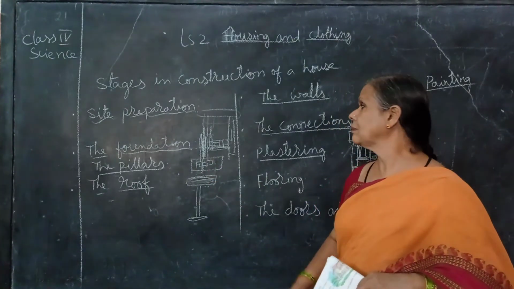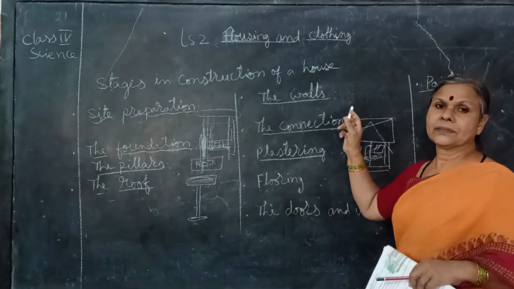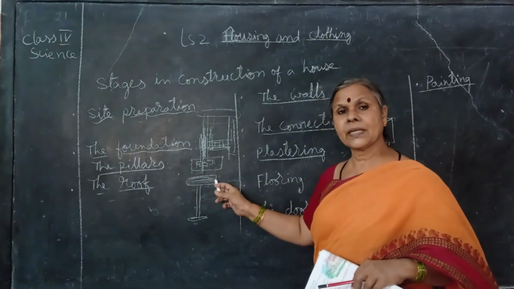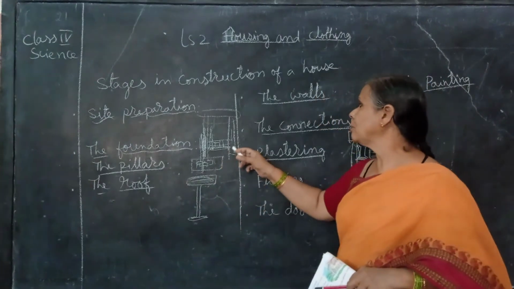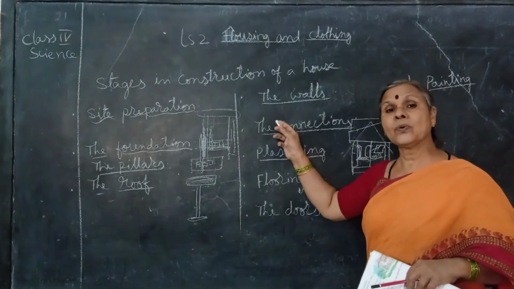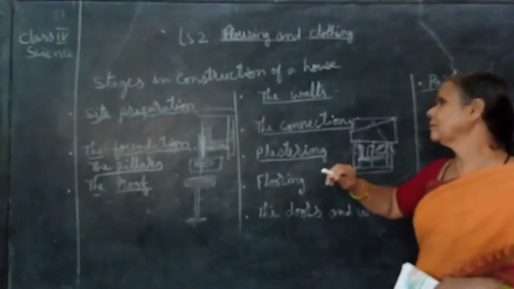Then the walls are constructed beside. Why do we need a pillar? Because the pillar can carry the weight. It supports the weight of the house and the walls.